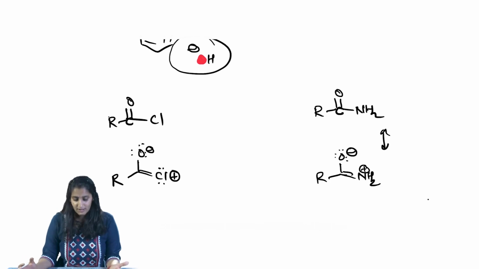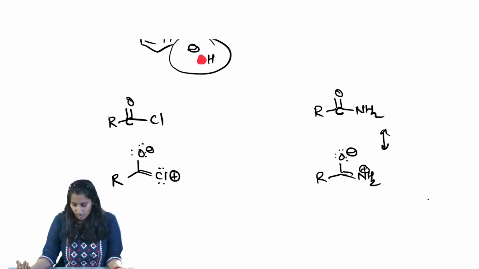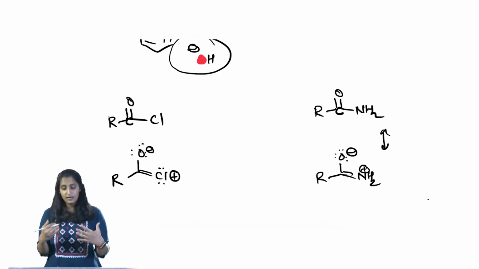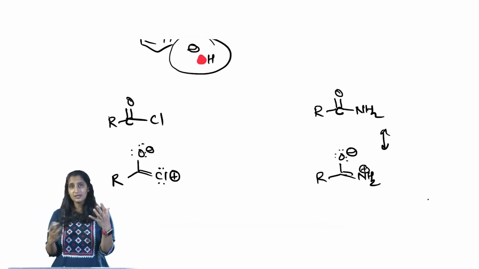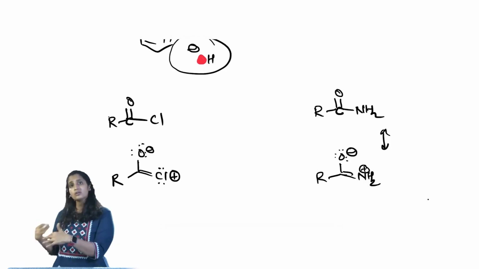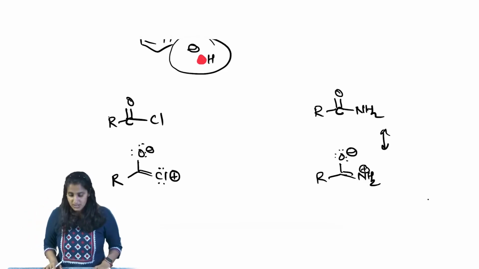Now, if we ask the question which one amongst these is the more contributing resonance structure, depending on our knowledge of organic chemistry so far, we know that chlorine being a third row element, carbon being a second row element, that orbital overlap is not as efficient as between carbon and nitrogen, which are both second row elements. They have very similar sizes, the orbital interaction is much better.